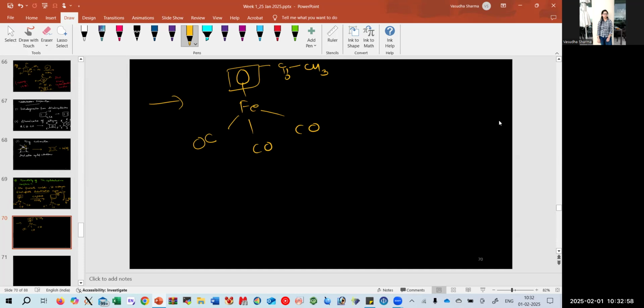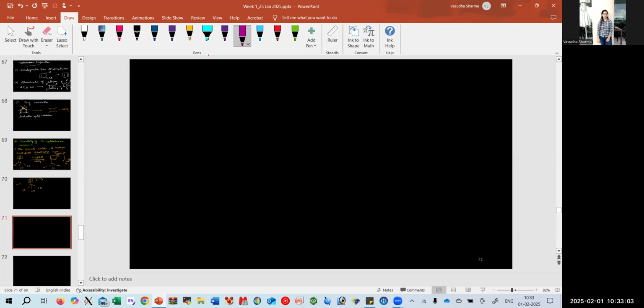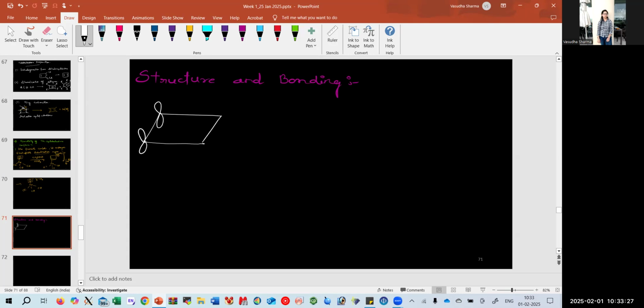Now, we will talk about the structure and bonding. So in structure and bonding, first things first, we'll make the orbitals. So these are the ligand orbitals. Here, all symmetrical, so it will form sigma.